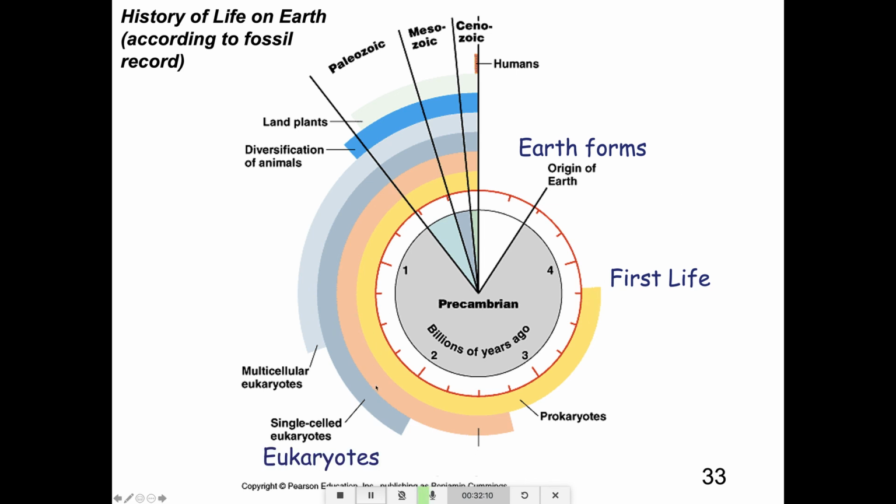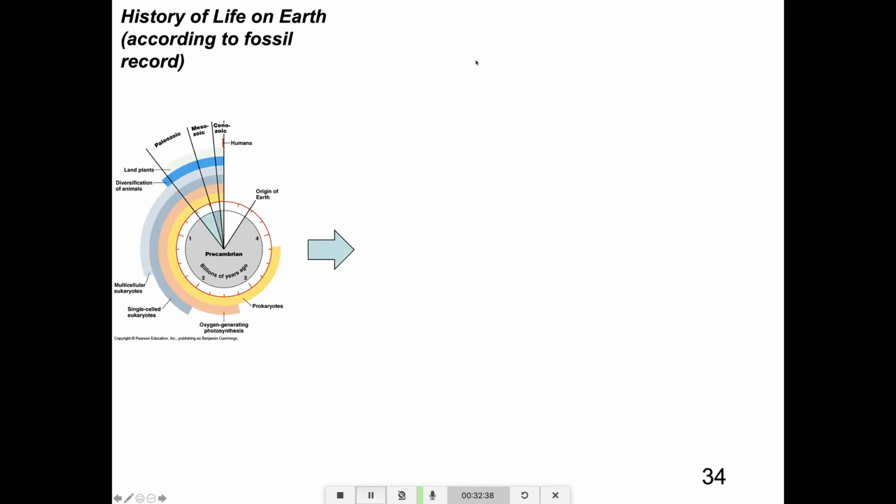We see the first single-celled eukaryotes coming onto the scene a little over 2 billion years ago. We see multicellularity, so having multicellular organisms that are composed of many different cells interacting with one another, happening about 1.5 billion years ago. We have animals popping onto the scene about 500 million years ago. And lastly, we have humans popping onto the scene in the last 200,000 years.